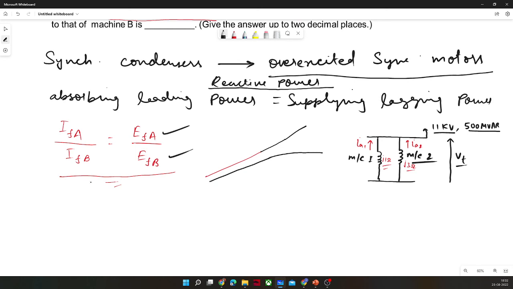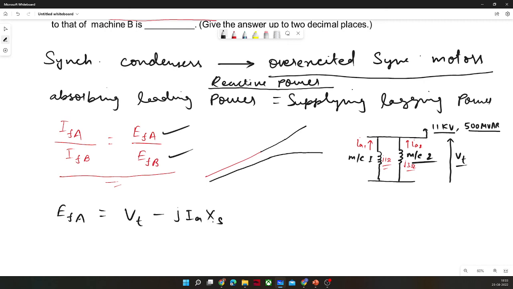Now, I will write the KVL equation of machine A. EFA would be VT minus j IA1 XS1. VT is the same, terminal voltage is the same, and both are in parallel, so the voltage would be the same.